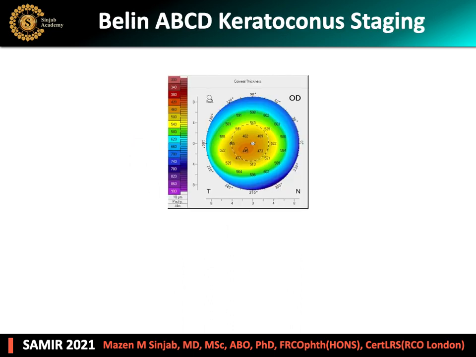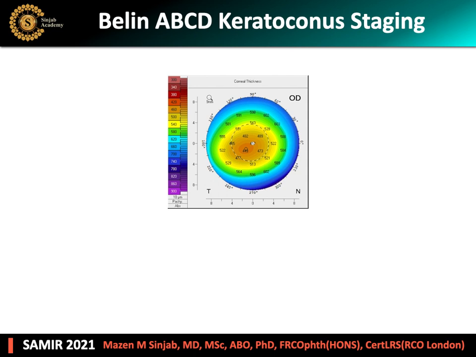Classifying software. Some software were developed in order to give better results in describing the progression, like the Belin ABCD keratoconus staging, which is available in the Pentacam, the Cyrus, and the MS39.